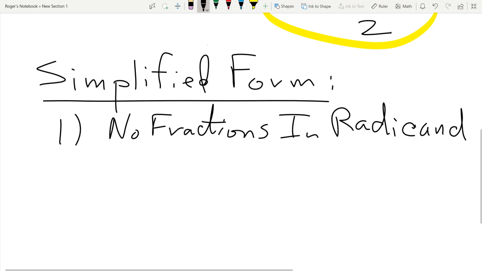So the radicand, remember, that's what's under the square root sign. No fractions there. It's got to be a number that is not a fraction. Okay.